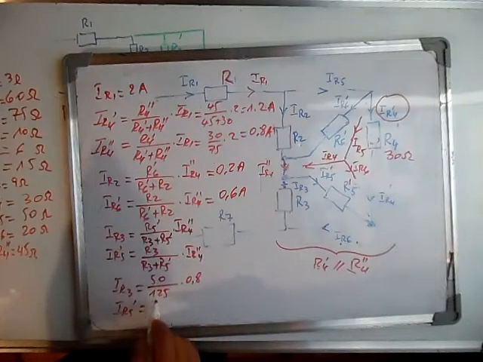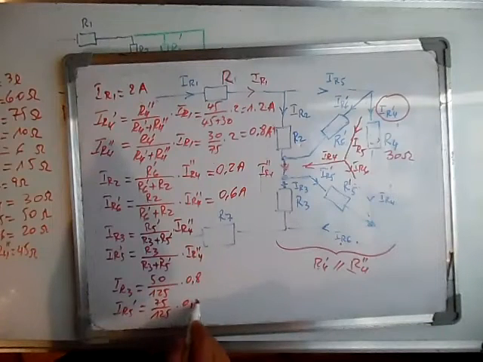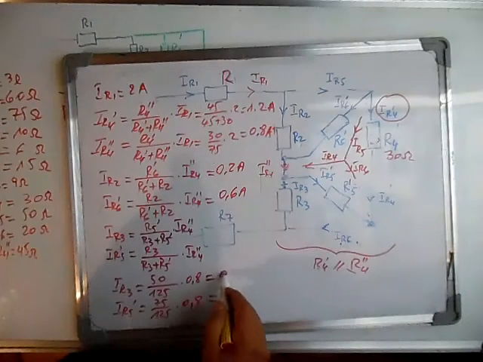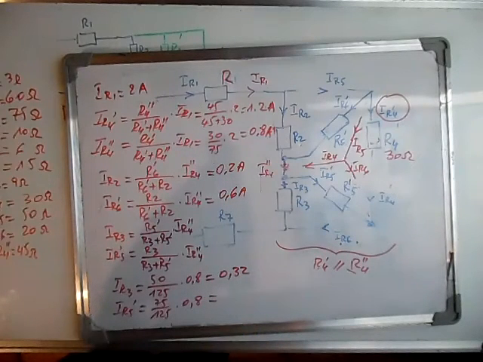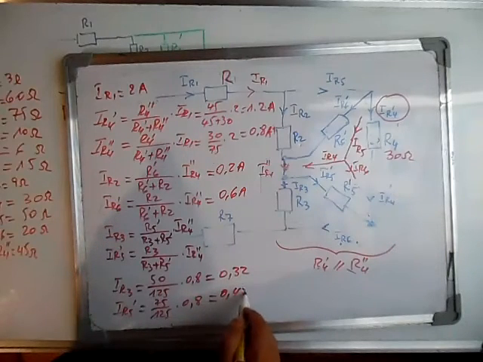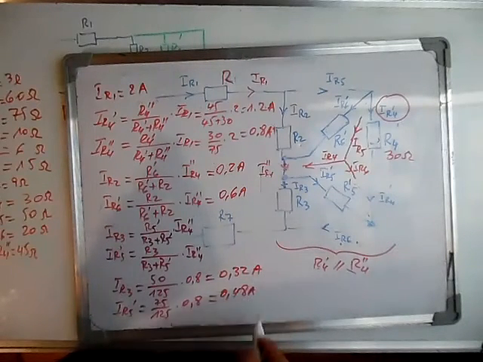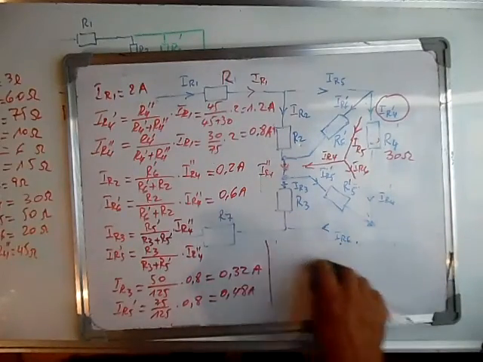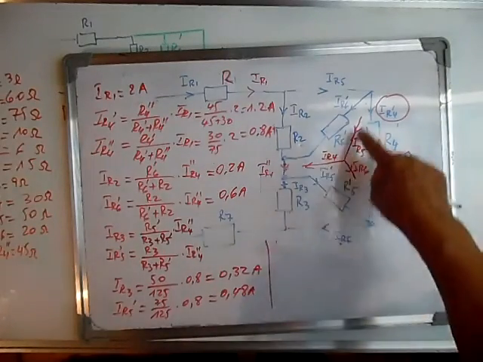R3 is 75 over 125 times 0.8, and it's 50 over 125 times 0.8, or 0.32, and this one 0.48 amps.